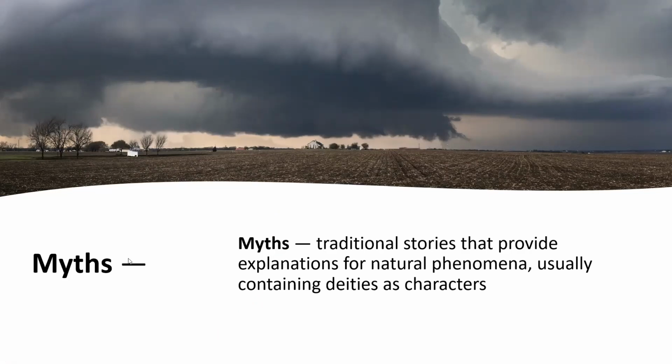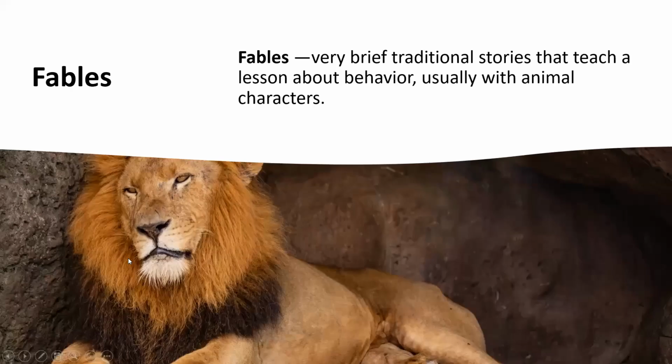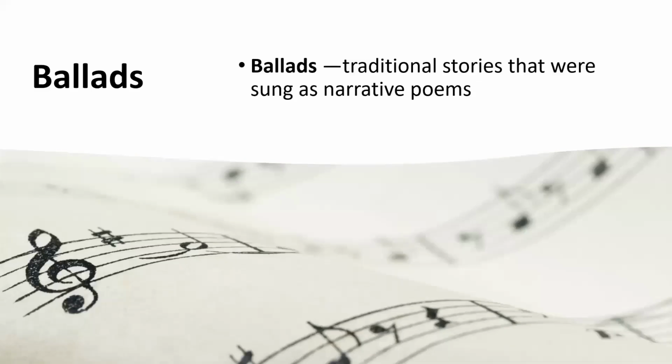Next, fables, of course, brief traditional stories that teach a lesson about behavior, usually with animal characters. Yeah, the first chapter, Lion King, these are common examples. Ballads, traditional stories that were sung as narrative poems.